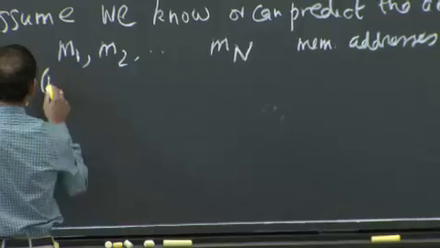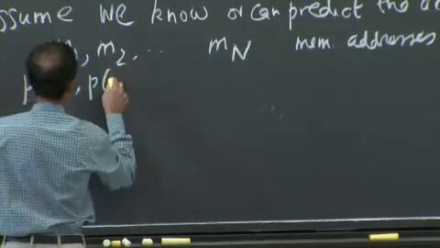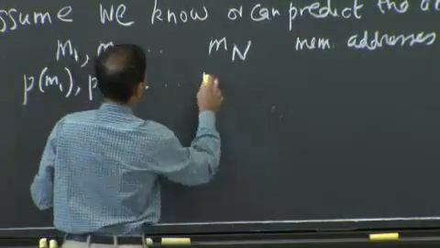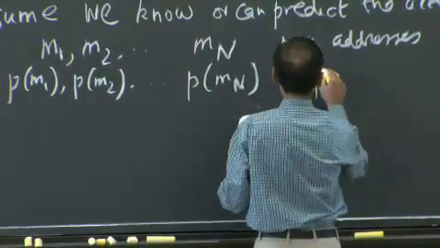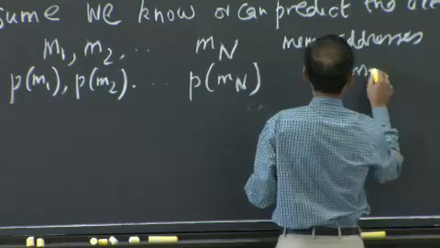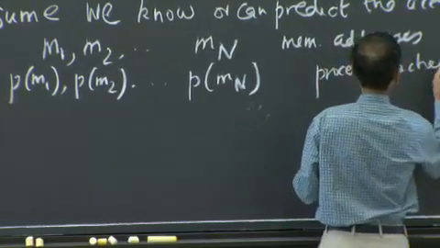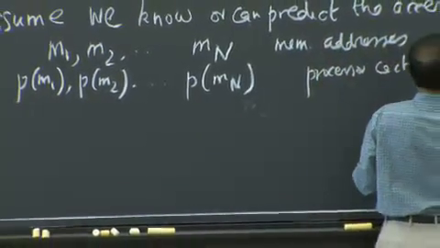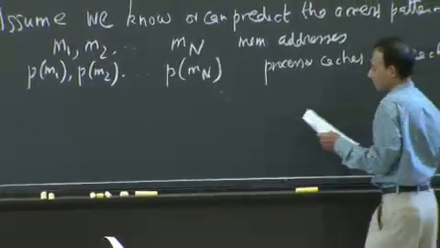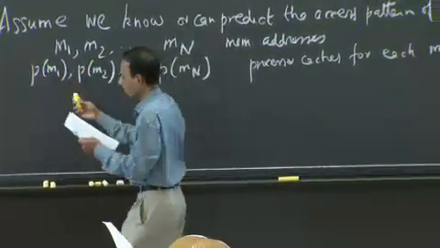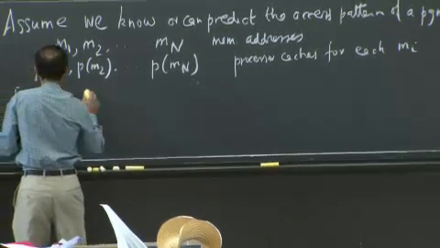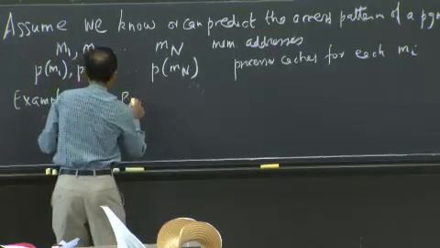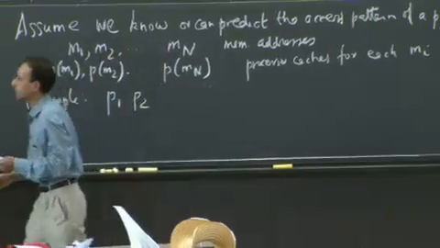And I'm going to think about P of M1, P of M2, P of Mn as the processor caches for each Mi. So what might be the case in a simple example is you want to access memory in processor 1.